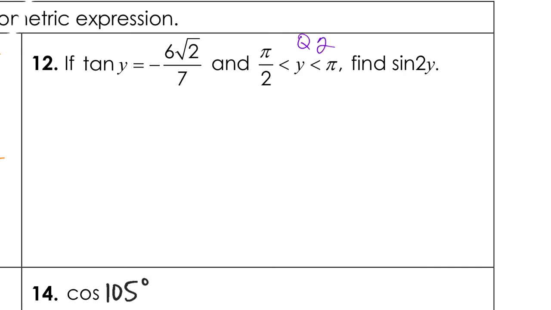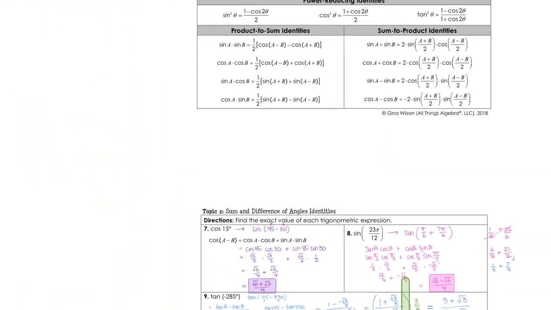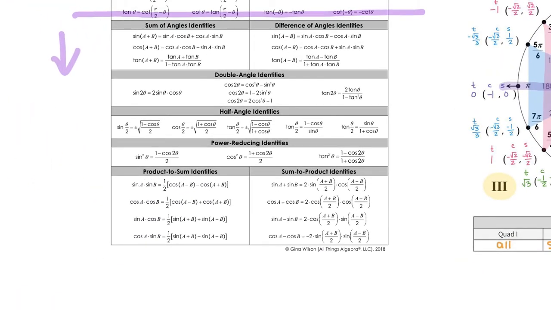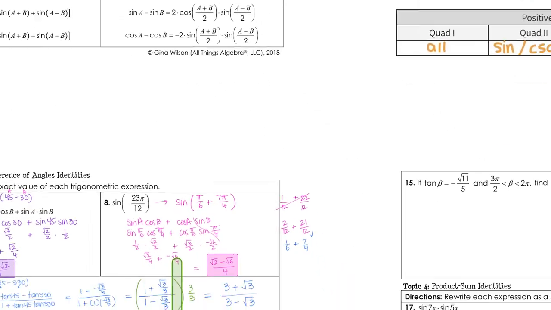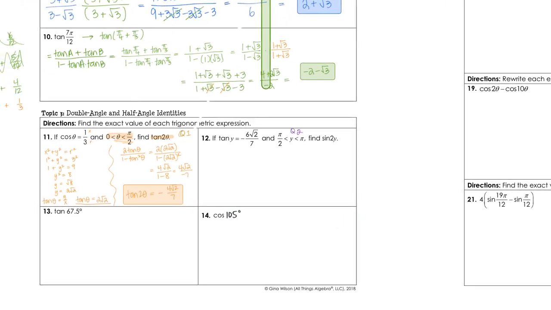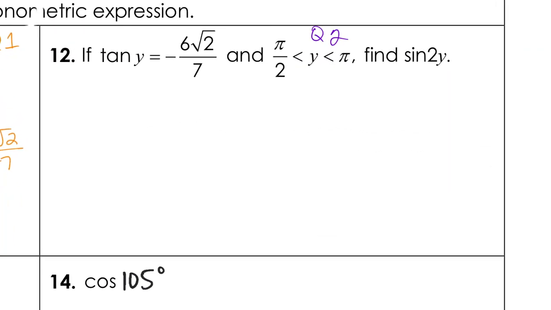So if I want to find sine of 2y, I'm going to go look at my double angle identities. Here it is. I need to know regular sine and regular cosine. And they gave me tangent, so I'm going to have to find both of them.